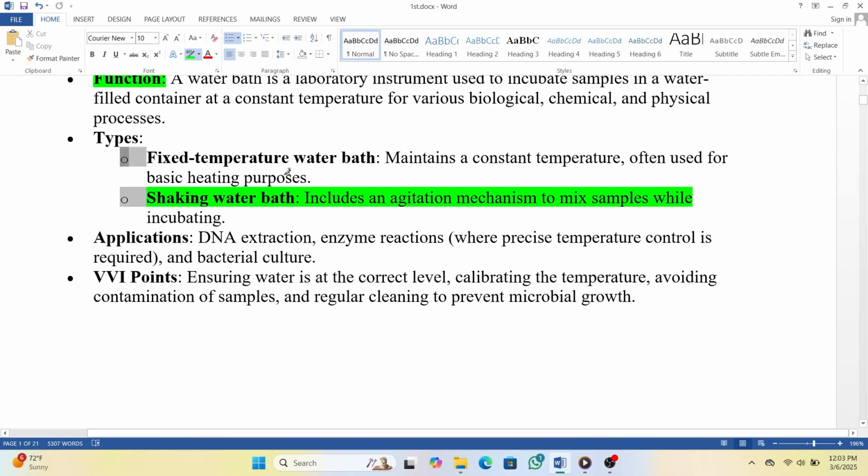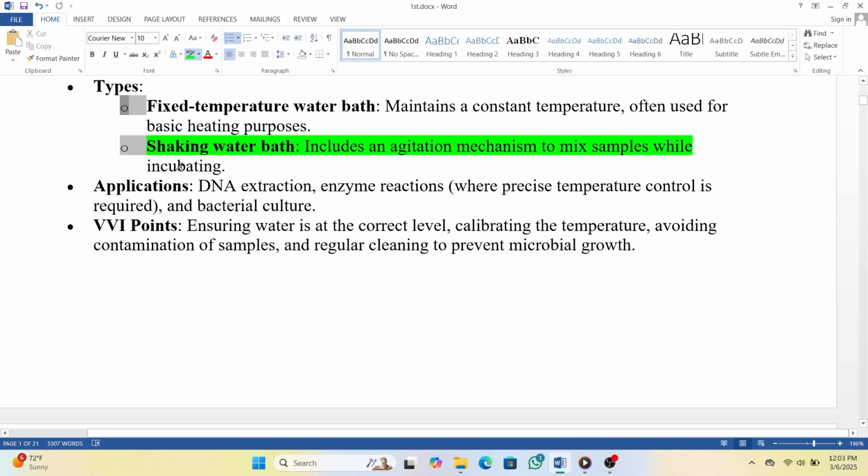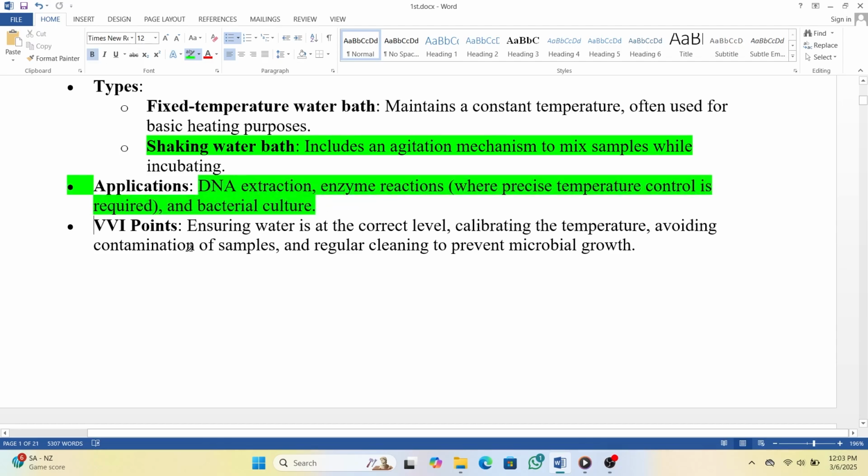Shaking water bath, includes an agitation mechanism to mix samples while incubating. Applications: DNA extraction, enzyme reactions, where precise temperature control is required, and bacterial culture.